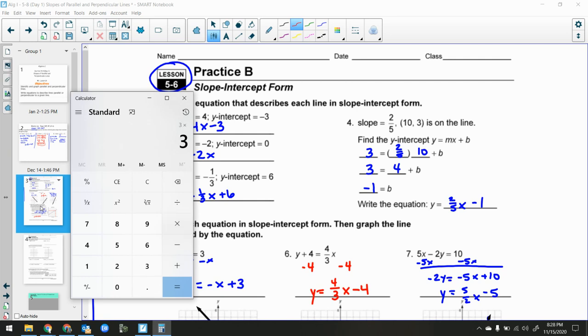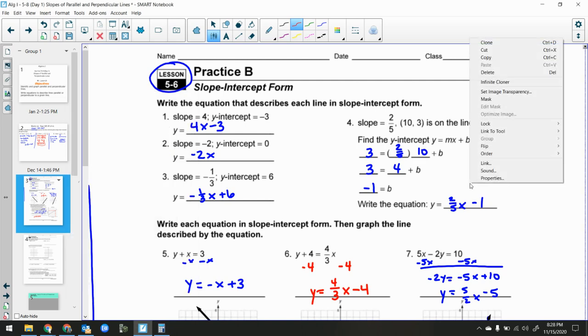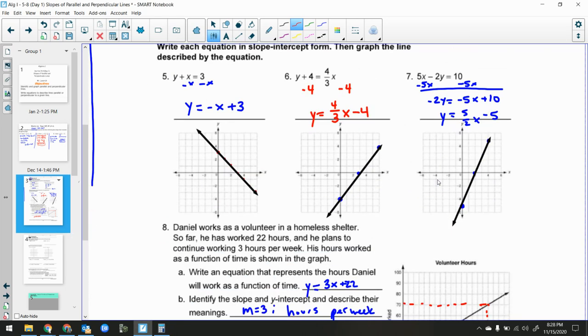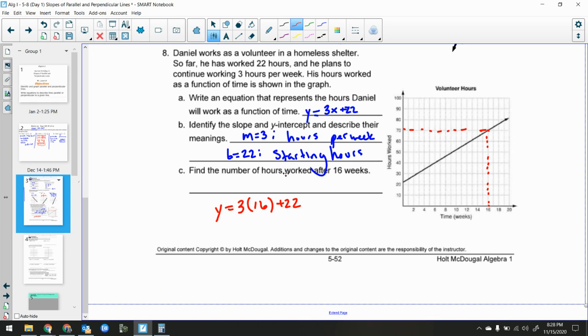So yeah, I was right with the 70. So we're going to say he works 70 hours after 16 weeks.